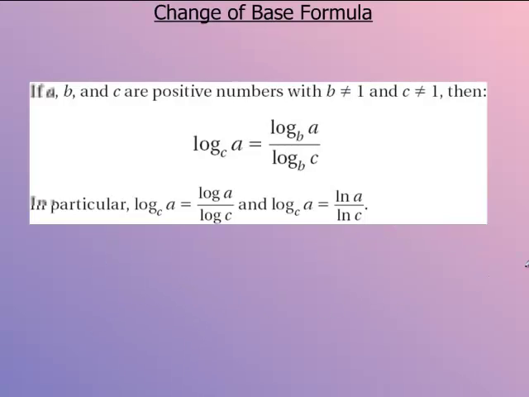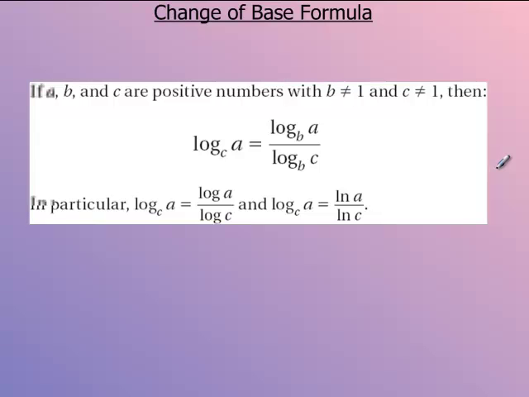The next thing I want to discuss is a thing called the change of base formula. Now, if a, b, and c are positive numbers with b not equal to 1, c is not equal to 1, then log base c of a is equal to log base b of a divided by log base b of c. And so we can use this to change to any possible base.